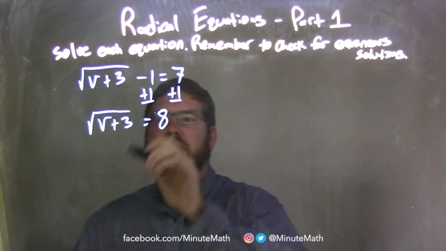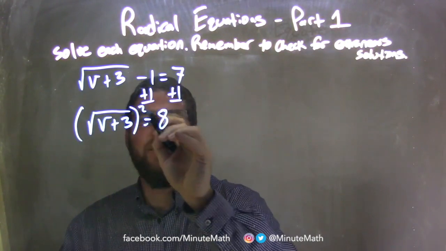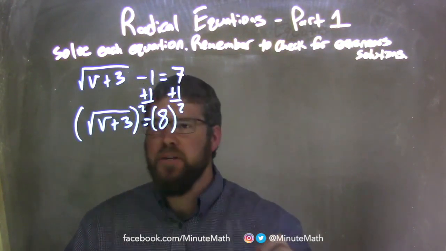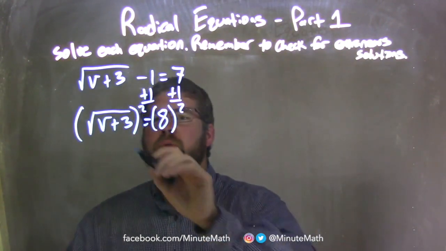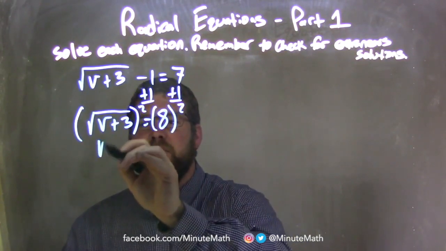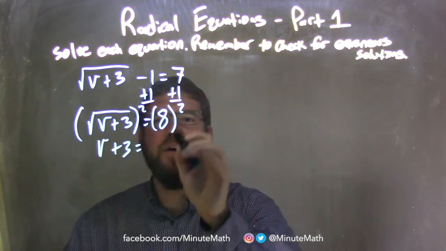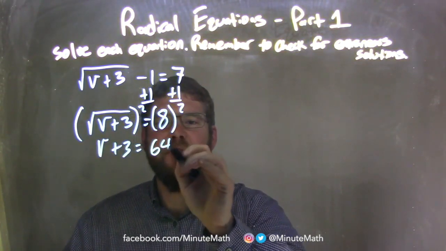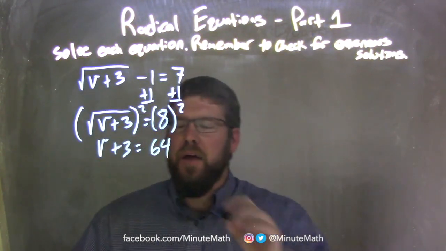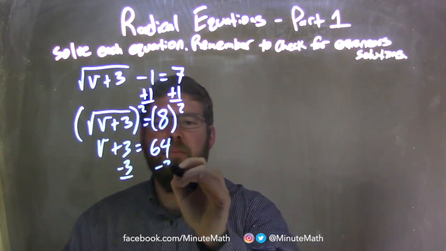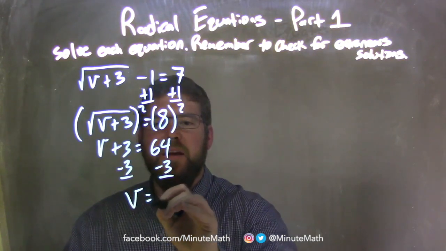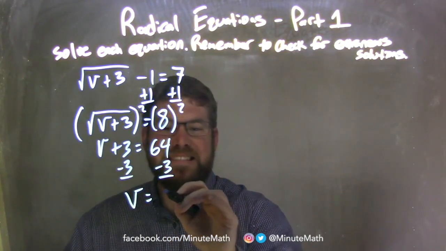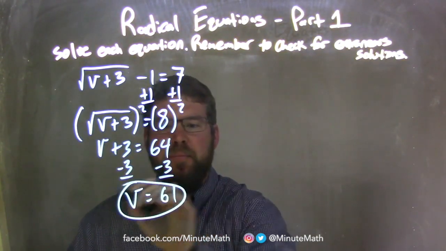From there, I have to eliminate the square root, so I'm going to square both sides. That's the opposite operation of square root. Square root squared leaves me with just b plus 3 on the left, and 8 squared is 64 on the right. I then subtract the 3 from both sides to get b by itself. I'm left with b equals 64 minus 3, which is 61.